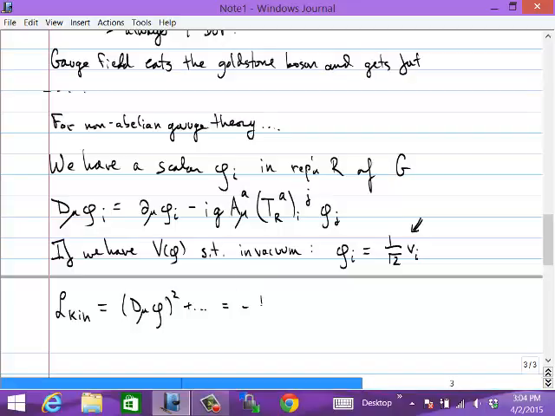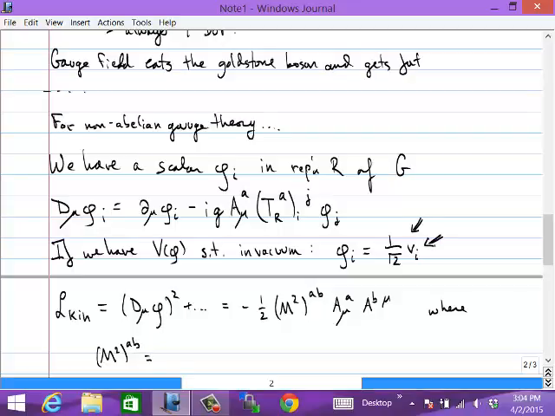Well, you'll get some mass term for the gauge bosons that we can call m squared AB. So m squared AB is found just by plugging this into our kinetic term and using the form for that interaction.